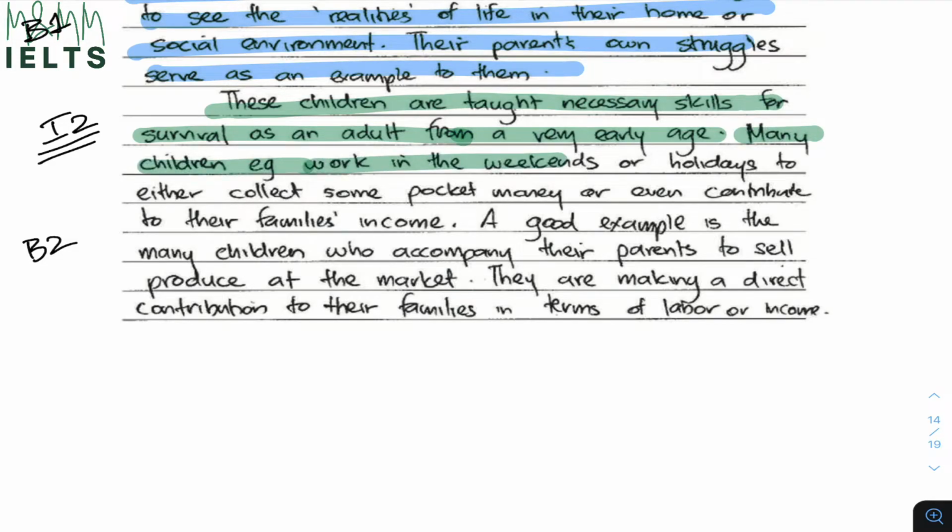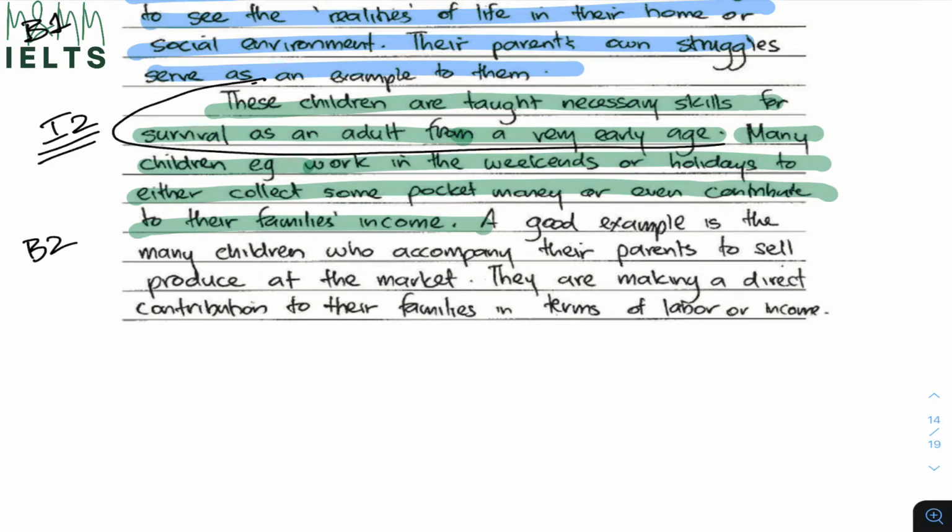Many children, for example, work in the weekends or holidays to either collect some extra pocket money or even contribute to their family's income. So again, the same strategy, and that is the idea, which is this. These children are taught necessary skills for survival as an adult from a very early age.